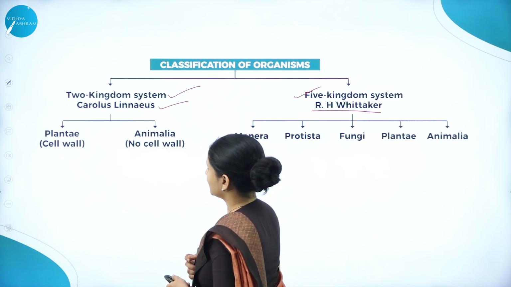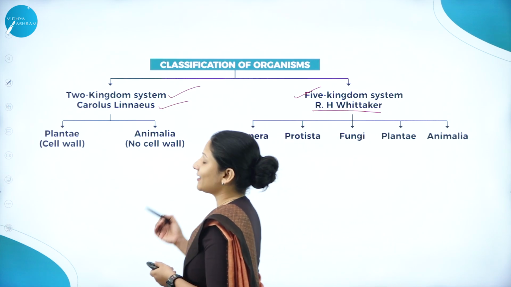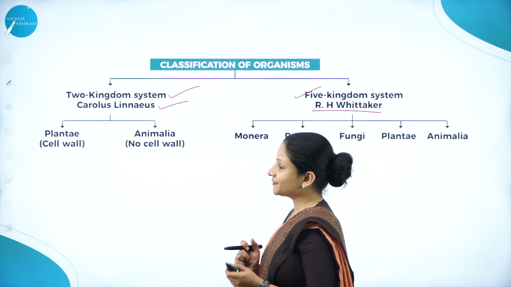Under the 2 kingdom system of classification, which was given by Carolus Linnaeus, he classified organisms based on the presence or absence of a cell wall.